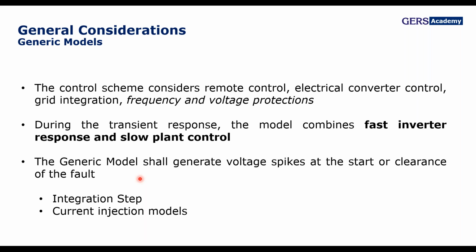The generic model shall generate voltage spikes at the start or clearance of the fault, and that is the result of the integration step and the current injection models. When you compare a user-written model with a generic model, you'll see that the generic model usually has a higher voltage magnitude than the user-written model, and that is the result of how the model was implemented.